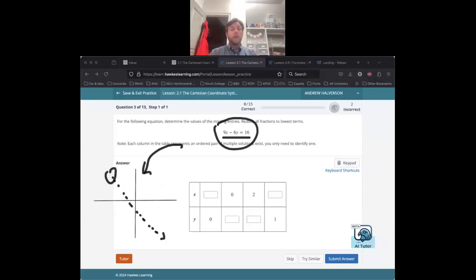The thing to be reminded of is that this equation here, 9x minus 6y equals 16, is nothing but a pattern. It's nothing but a formula, just like the formula for the area of a rectangle or the formula for the perimeter of a circle. Those are patterns. That's the same thing here.